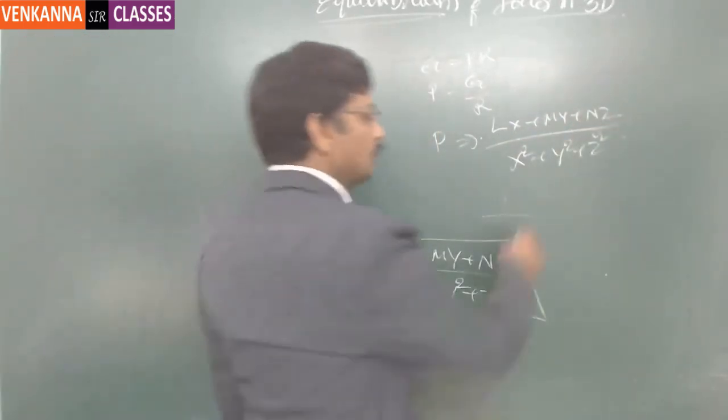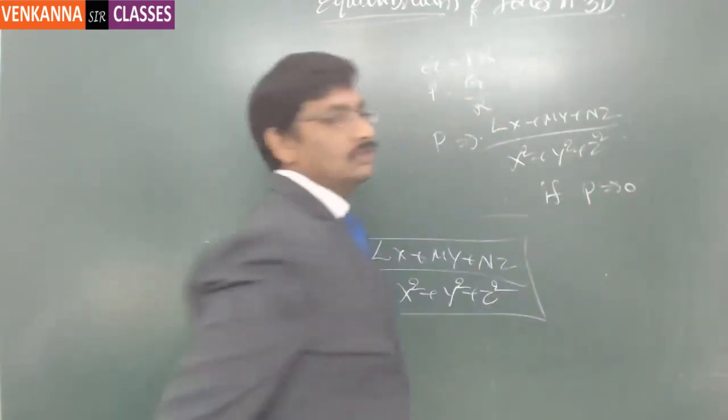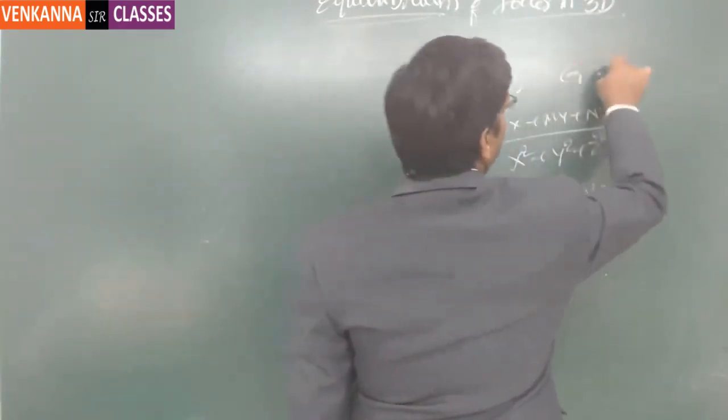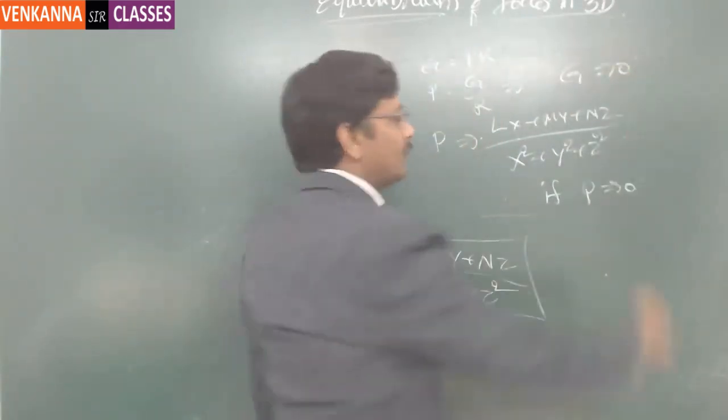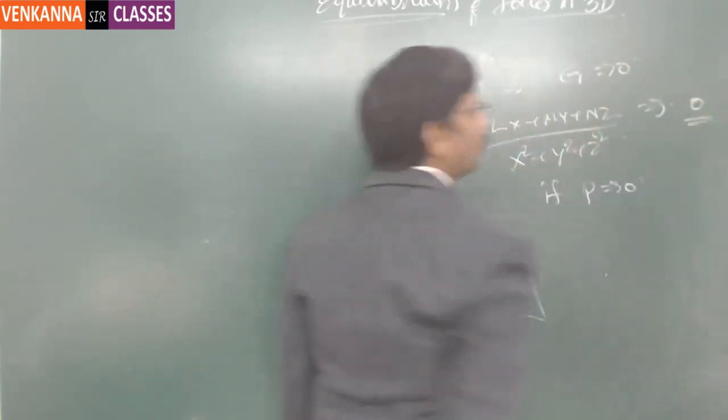If P equals 0, then the first equation implies that G is equal to 0, and the second equation implies that Lx plus My plus Nz is equal to 0, which is the numerator part of it.